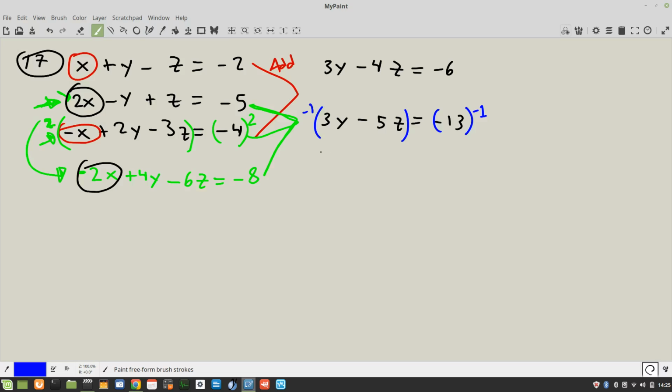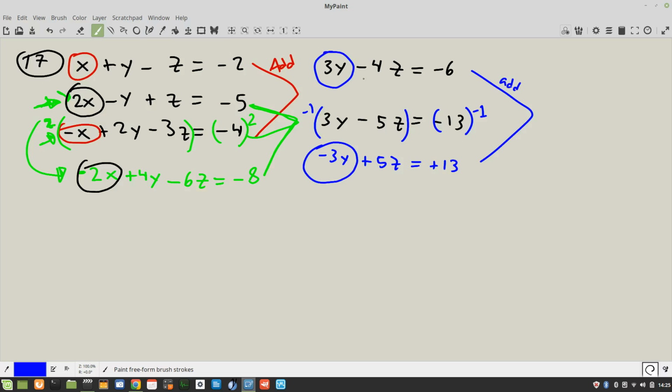Okay, so this one is going to be -3y plus 5z equal to positive 13. Okay, and then we add them. Over here, we add these ones too. So we're going to get rid of the y.